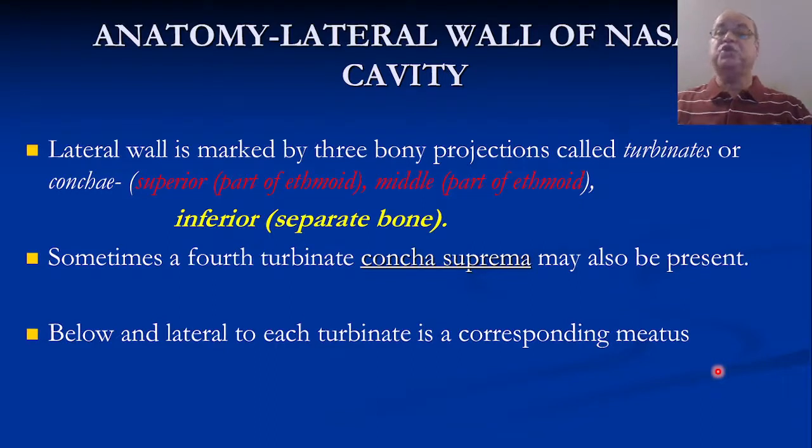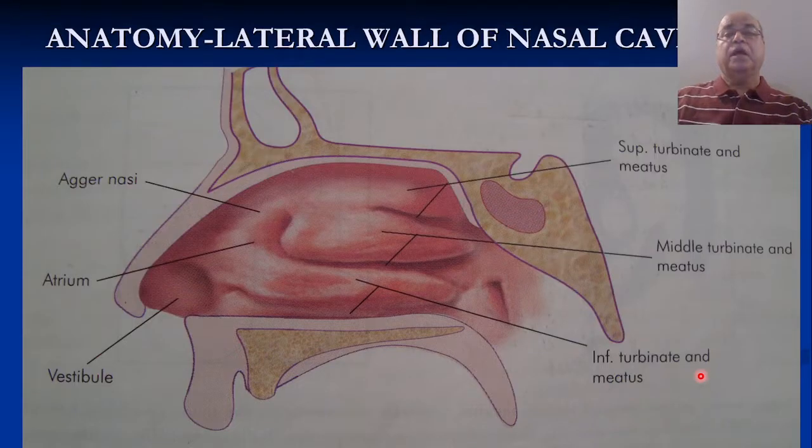So there will be three meatuses: the superior meatus, below and lateral to the superior turbinate; the middle meatus, below and lateral to the middle turbinate; and the inferior meatus, which will be below and lateral to the inferior turbinate. Here in the picture you can see the inferior turbinate, and below and lateral to it is the inferior meatus.